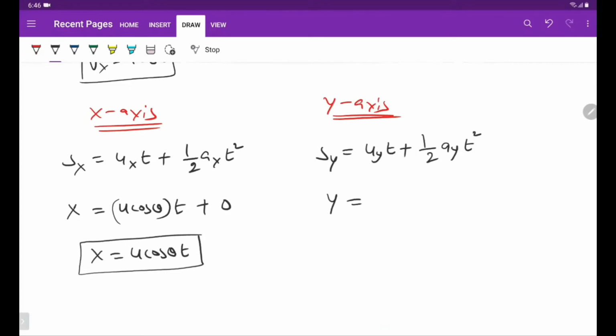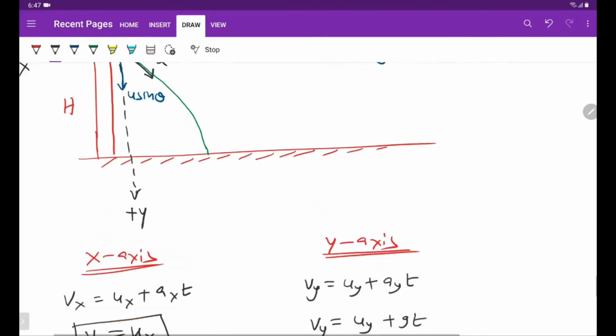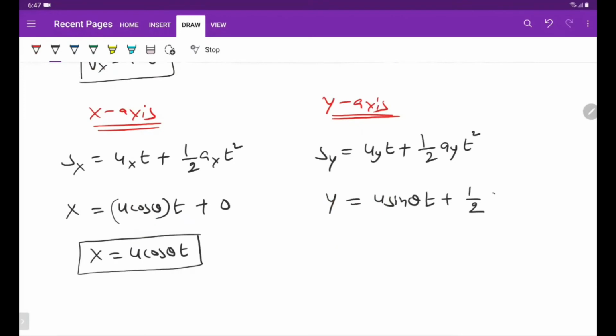So y is equal to u sin theta into t plus half ay t square, where ay is vertically downward, plus g.